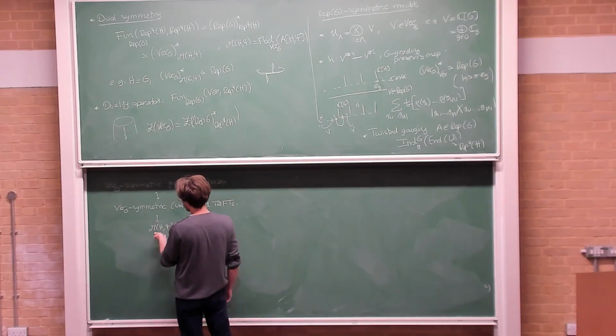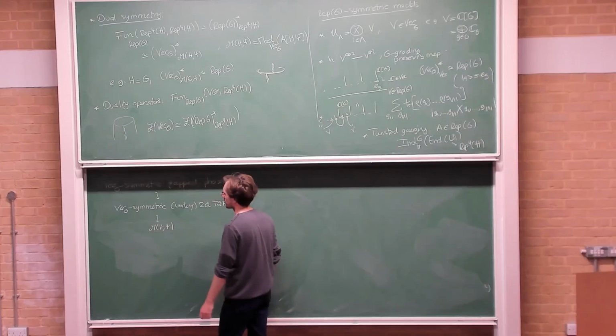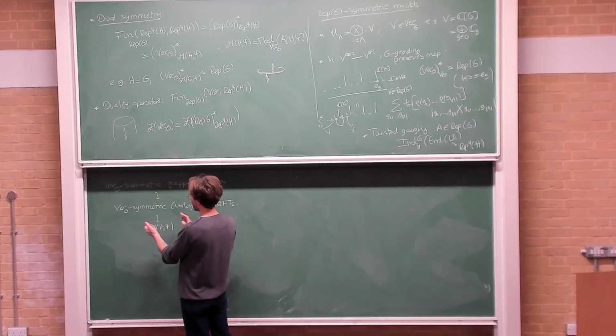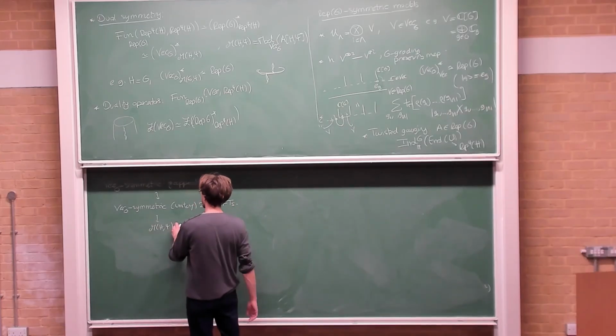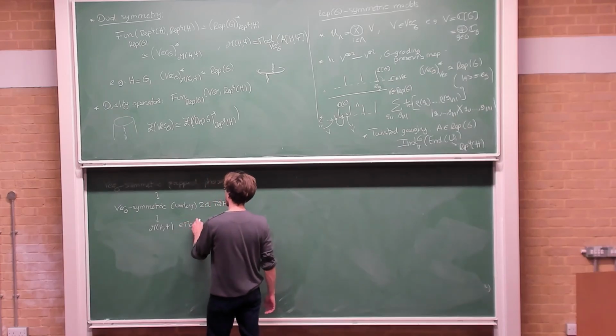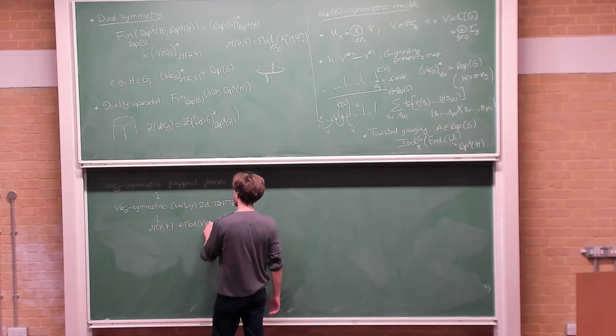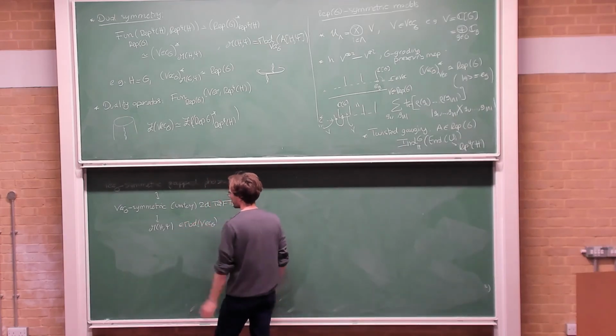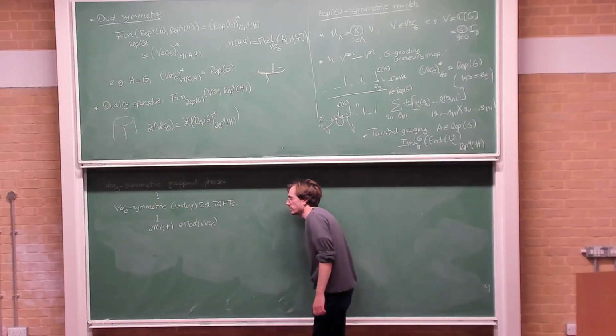So really it's classified by, again, a choice of subgroup and cohomology class, which also classifies the indecomposable module categories over VecG. And since we have a VecG symmetry, I'm going to classify it like this. So we recover the same data.